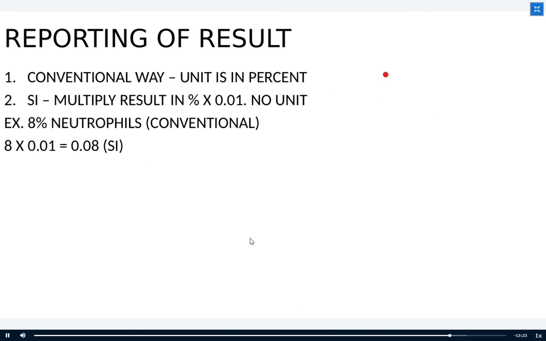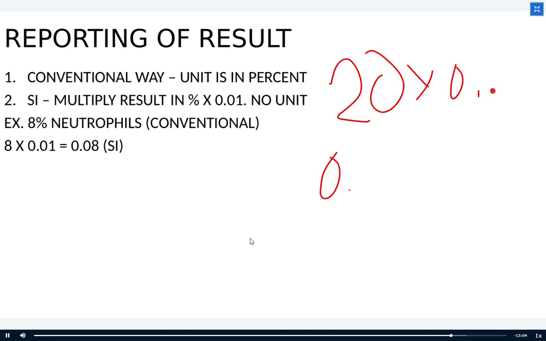Conventional way, class, so sabi ko nga, whenever you're gonna count your WBC, it should be in percent. But if you want it in SI, you have to multiply it by 0.01. Let's say you found 20 neutrophils and you want that in SI, so you multiply it by 0.01.